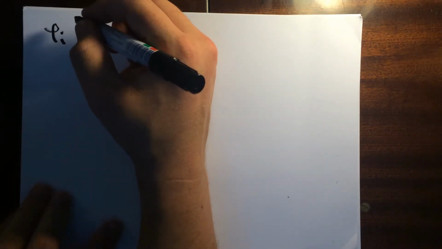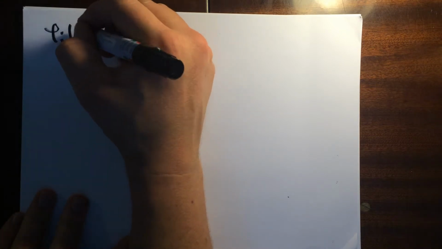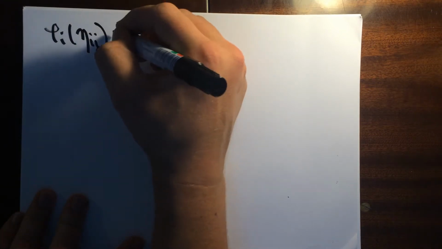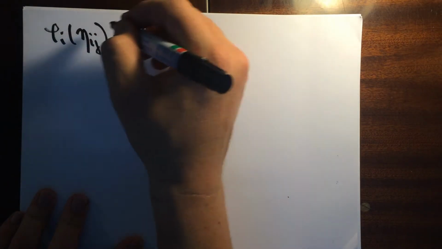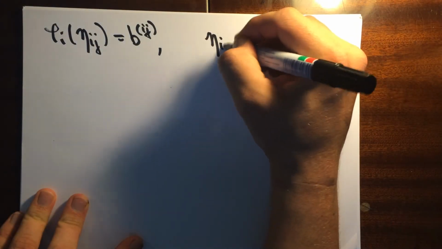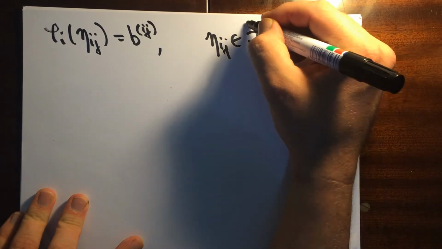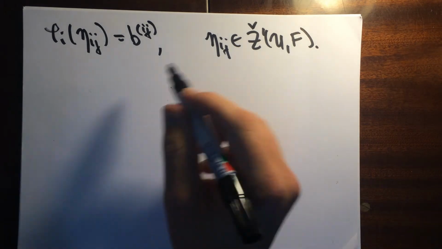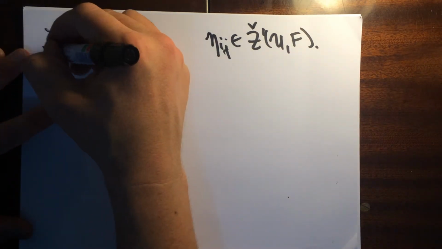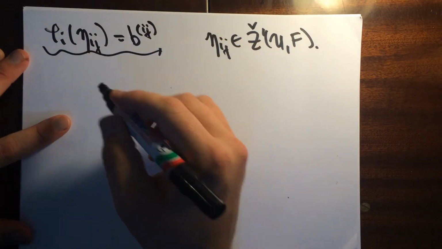Well, we could do phi eta ij is equal to this bij here. And so this is a vector. This is eta ij, this cocycle in Čech cohomology for f. Okay, and so since it's a cocycle for f, this is the formula that we want to check.